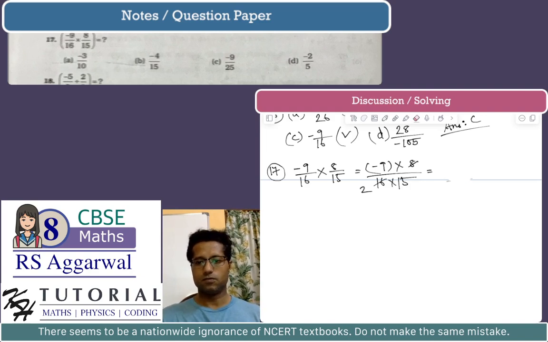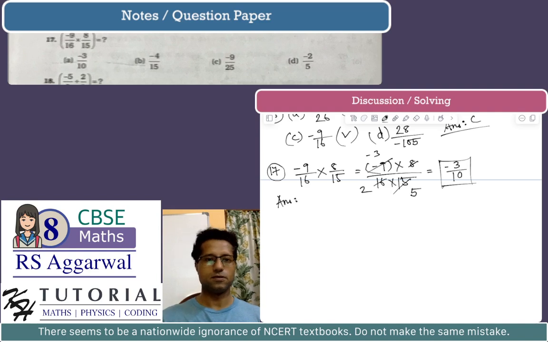Okay, so we can cancel, divide 15 with 5 and minus 9 with minus 3. So this becomes minus 3 by 10. So the result is minus 3 by 10, and hence the correct choice is A.